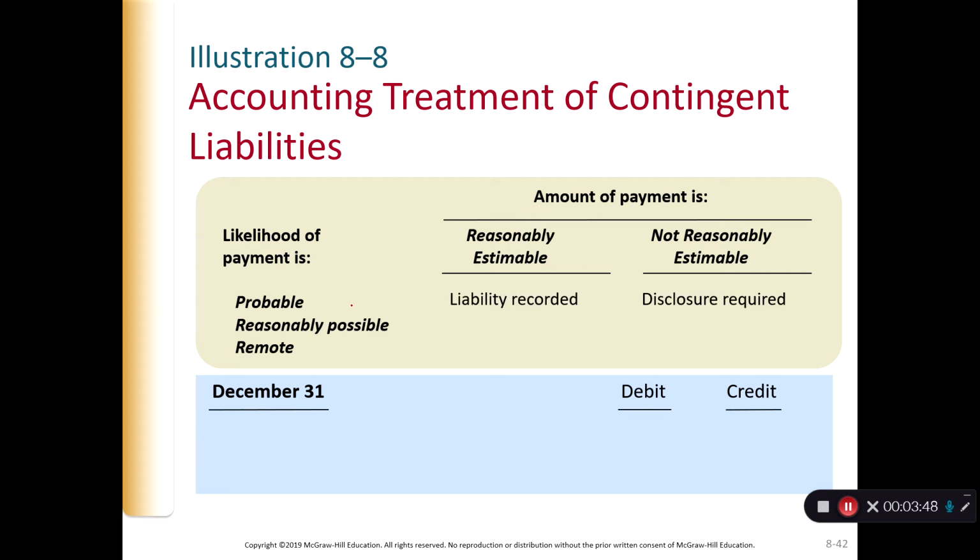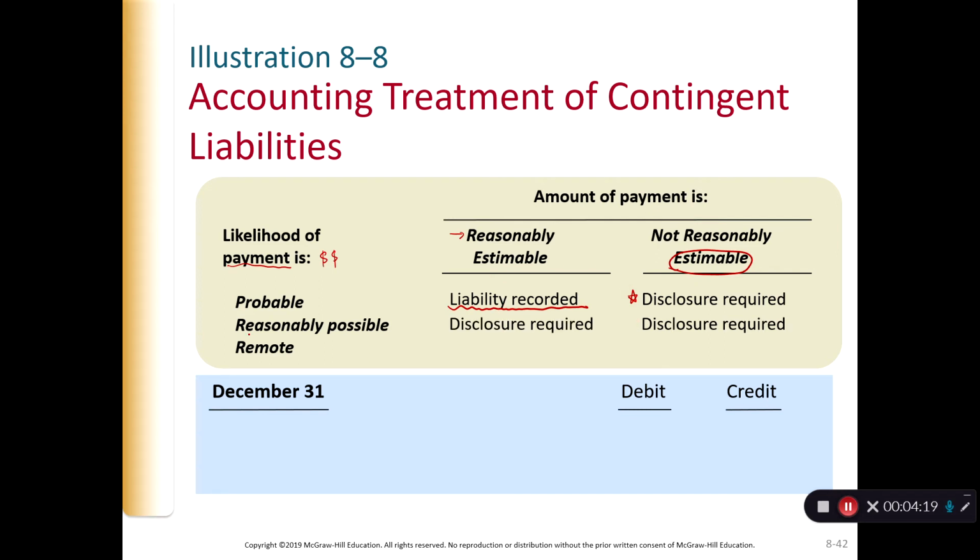So here is a very good summary of how we do contingent liability recording. First of all, if the likelihood of the payment, the cash outflow, is probable, and the amount is reasonably estimatable, then the liability should be recorded immediately. But if the contingent event is probable, however, it's not reasonable to estimate how much the loss is, we do need to disclose it, but we do not need to record a journal entry.